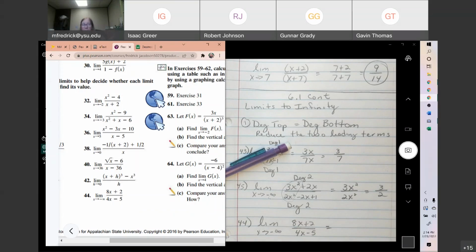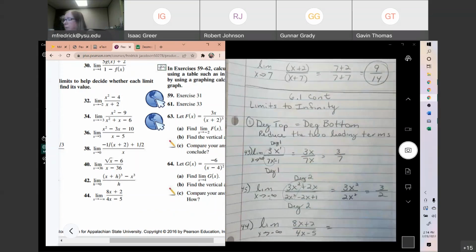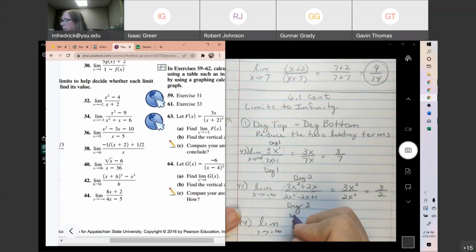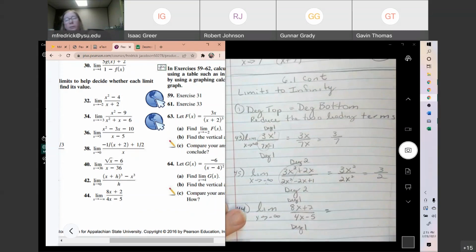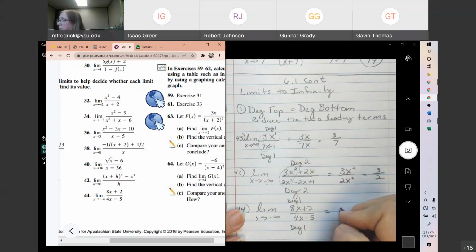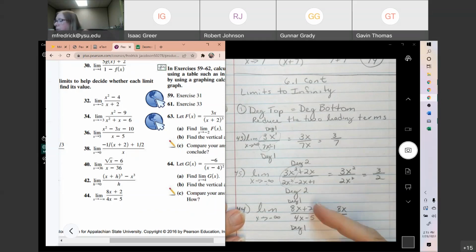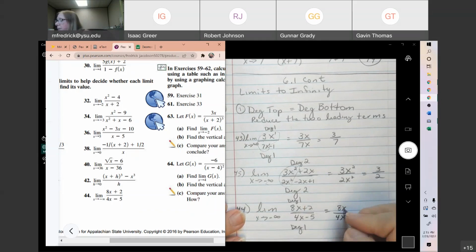Okay, the degree on the top and bottom is 1. And those that are answering 2 are also correct, because if you take 8x over 4x, since the degree on top and bottom is the same, the x's cancel and 8/4 is 2.